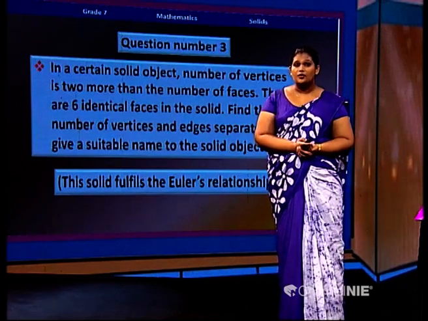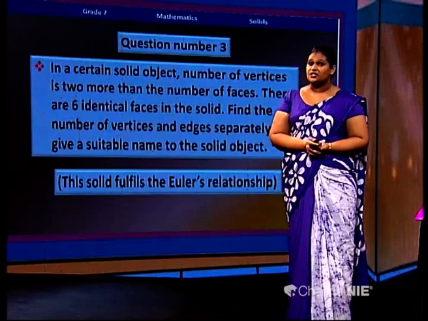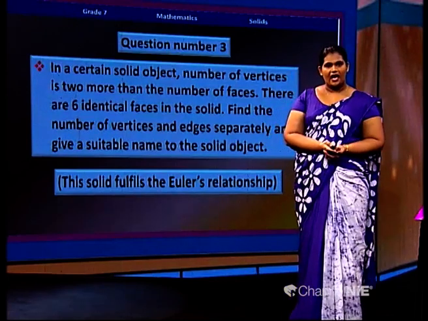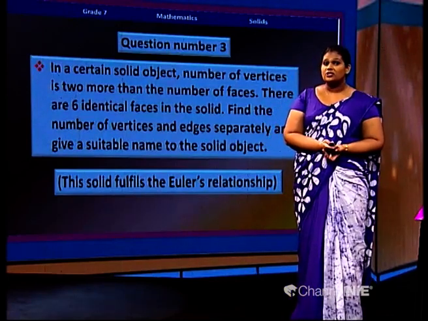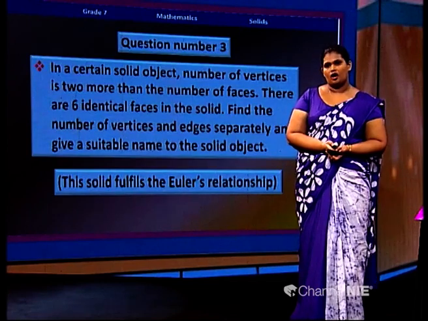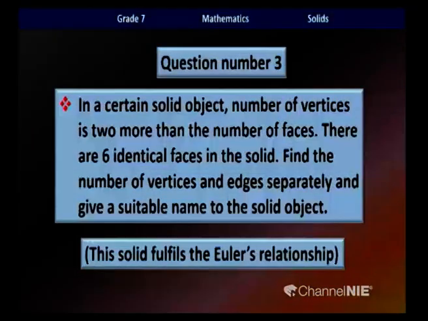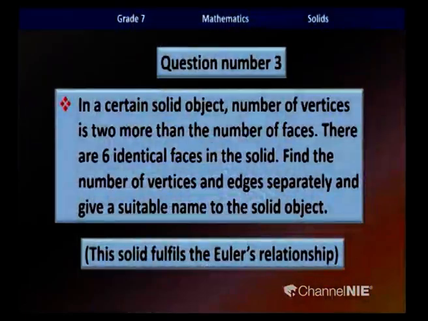Find the number of vertices and edges separately and give a suitable name to the solid object. And this says that this solid fulfills the Euler's relationship. Okay, they are giving us more information about this solid. After providing the answer, we have to identify what this solid is.